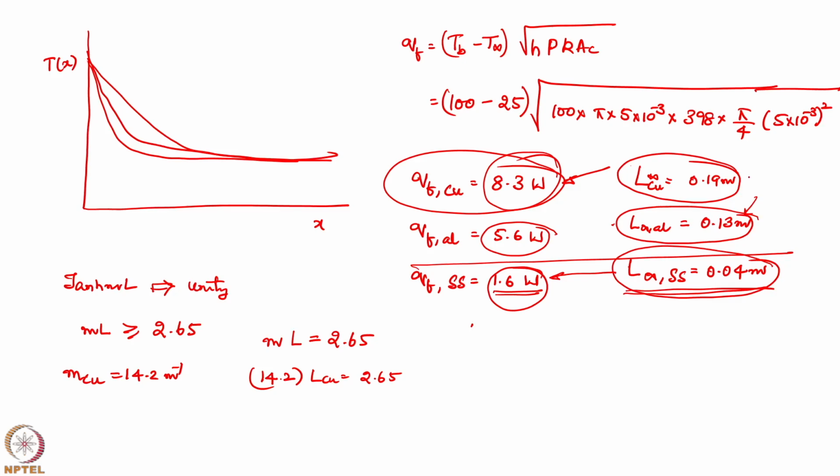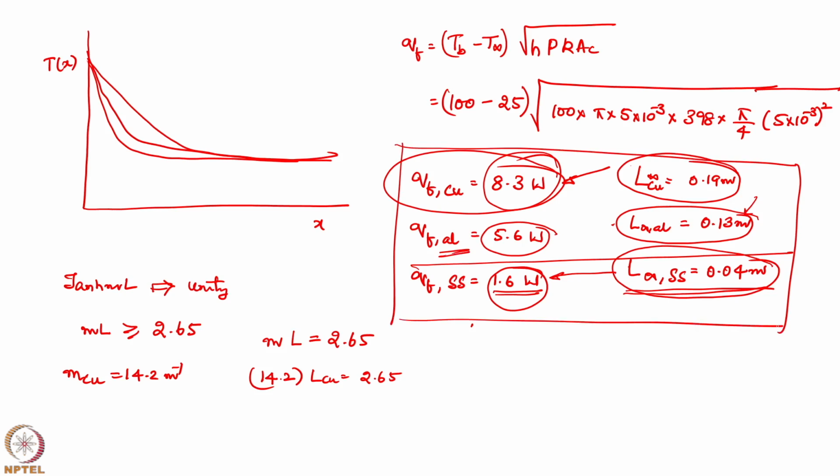Ideally we would like to use copper, but copper is very expensive. So if you cannot afford copper, we will reconcile with aluminum. But you have now understood why we choose a particular material and what should be its corresponding length. If you were to take only the temperature distribution, you would have been at a loss.